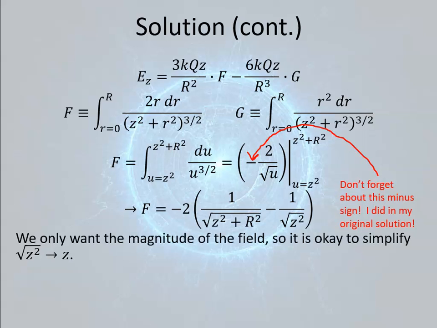And we're just going to set that aside. In this case also, since we only want the magnitude of the field, it's safe to simplify square root of z squared to just z, since we want the magnitude of the field at some distance above the disk. So there's the evaluation of our integral f. Yay!